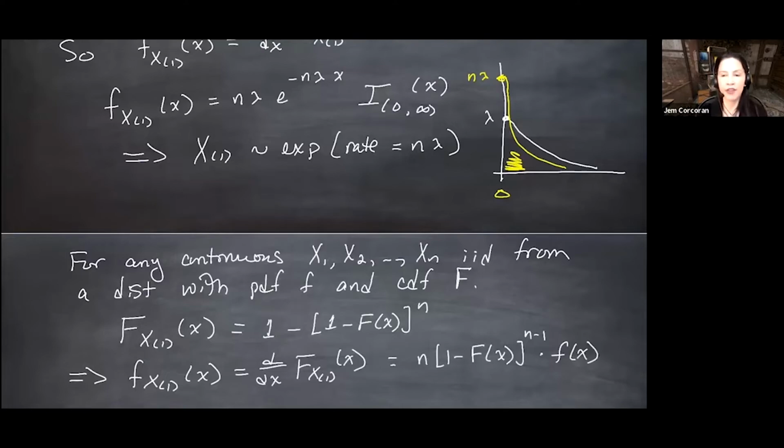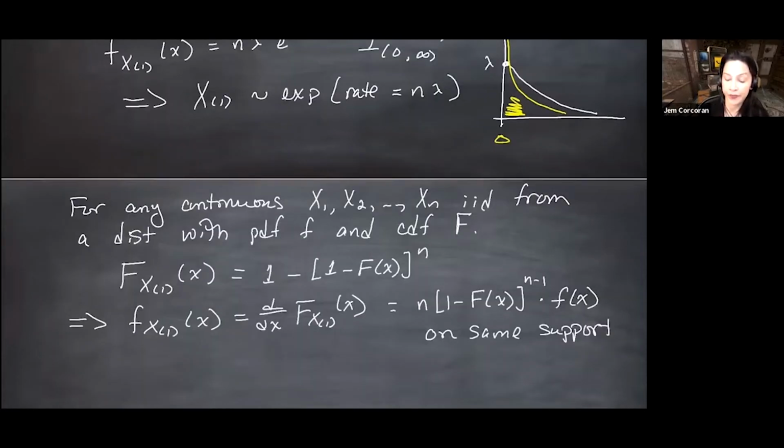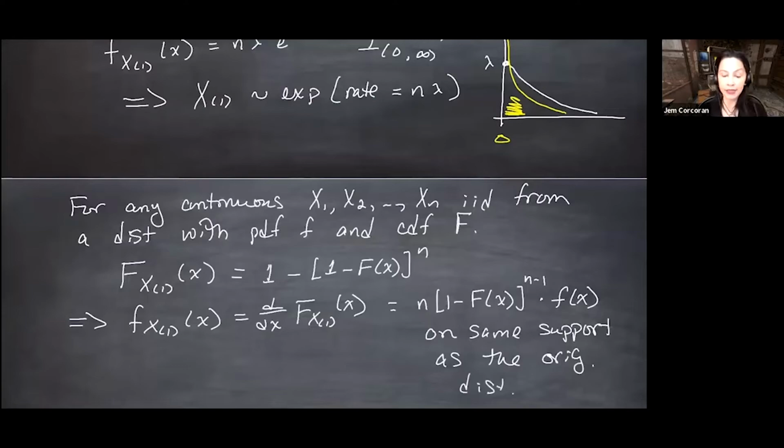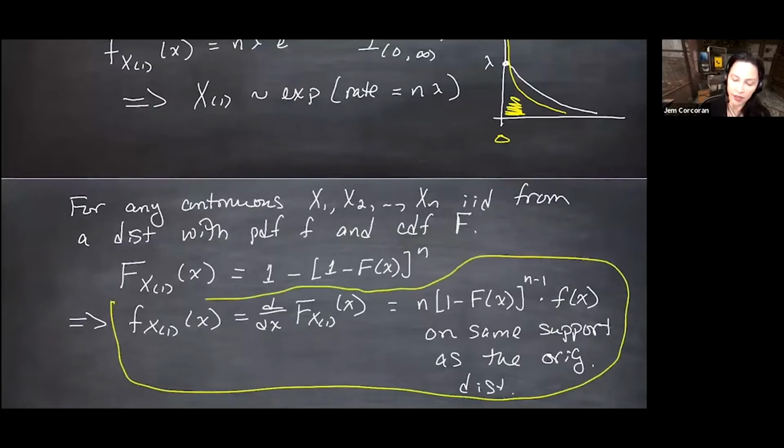So yeah, there were a couple of negatives that I went ahead and canceled. And then this is on the same support as the original distribution. So yeah, there is a formula in a box. Not really a box. A formula in a blob.